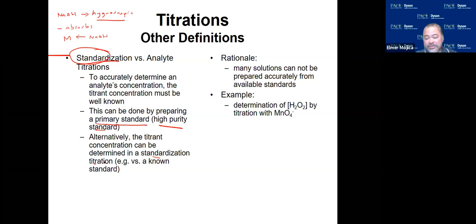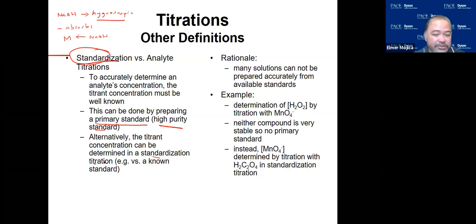How will you know the exact concentration of hydrogen peroxide? You react it with potassium permanganate. Neither compound is very stable, so there's no primary standard. Instead, you determine the permanganate by titration with oxalic acid in the standardization titration.